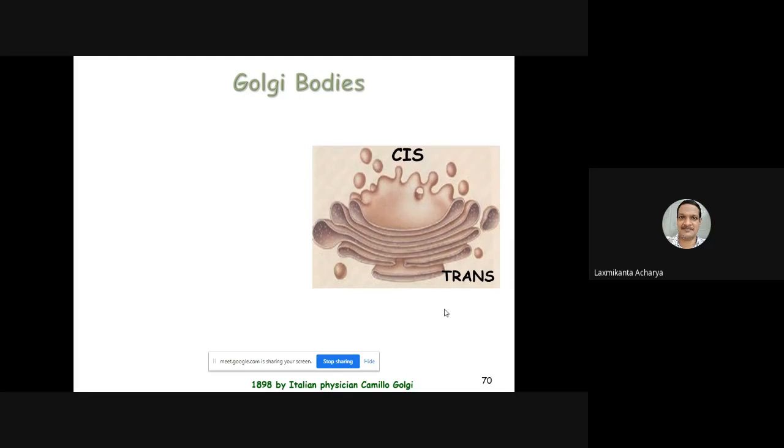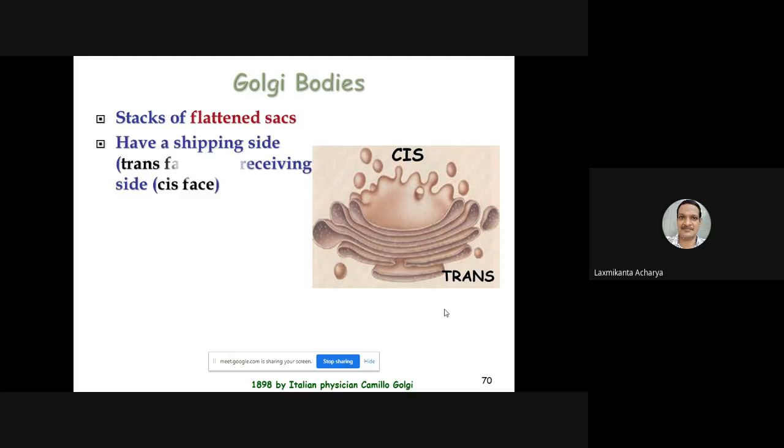So apart from mitochondria and endoplasmic reticulum, in the cell you will find some pancake-like things that we call Golgi bodies. This has two phases: one is your trans phase, and another one is your cis phase.